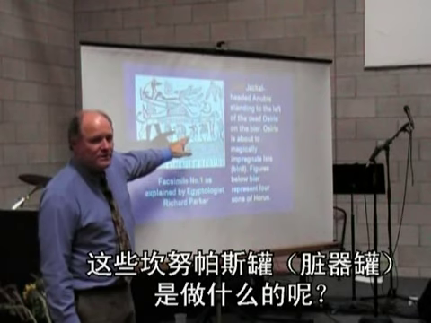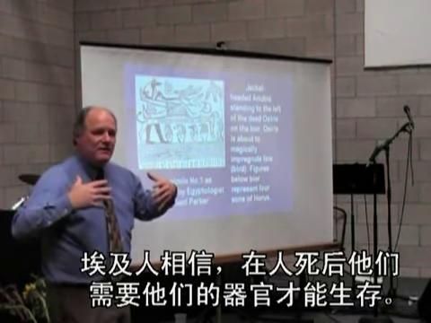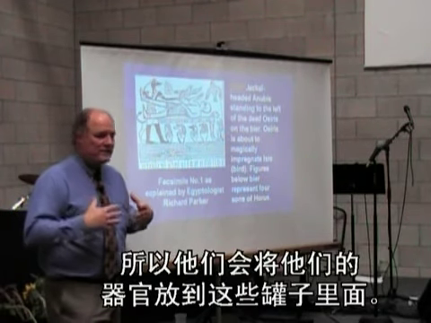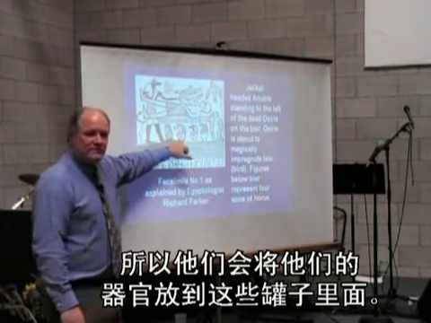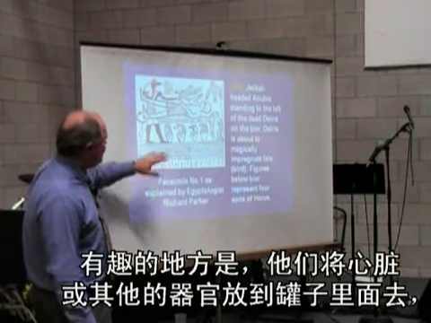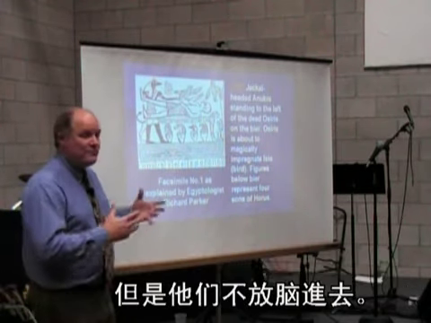Now, what are canopic jars? The Egyptians believed that in the afterlife they needed part of their organs to survive, and so they would put their organs in these jars, feeling that the deceased would need them later on. Now, what's interesting is they would put things like their heart in these jars, but they didn't put the brains in there.